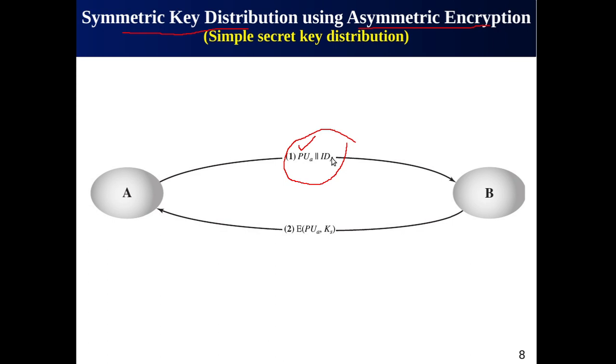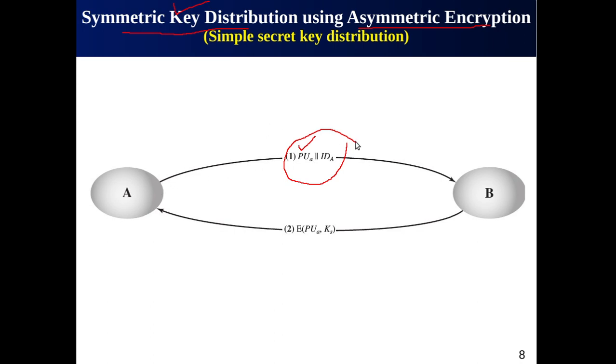In a similar way, B will generate a pair of keys, like the public key of B and private key of B. However, we are using this setup for the exchange of a symmetric key.